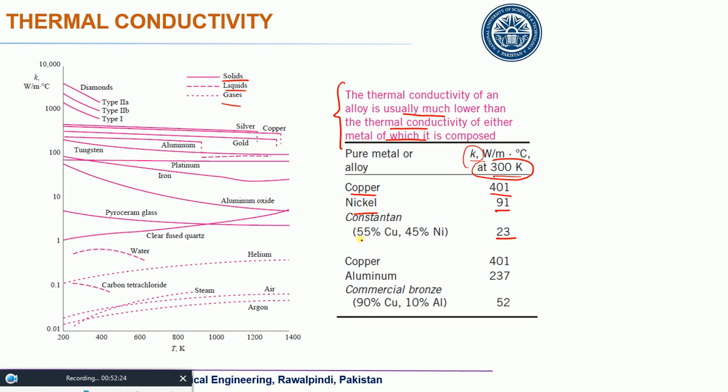But if you make a combination of 55% of copper and 45% of nickel, where does their thermal conductivity go? 23. Then if you have copper 401 and aluminium 237, this is just 52, right?